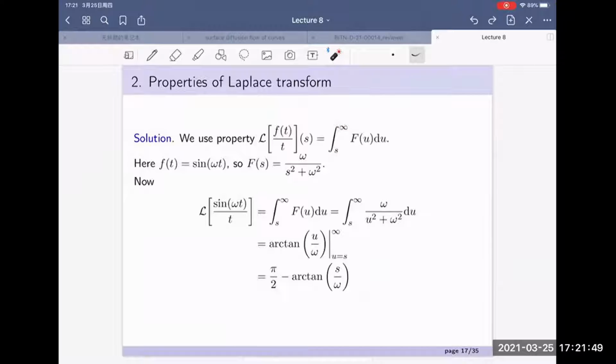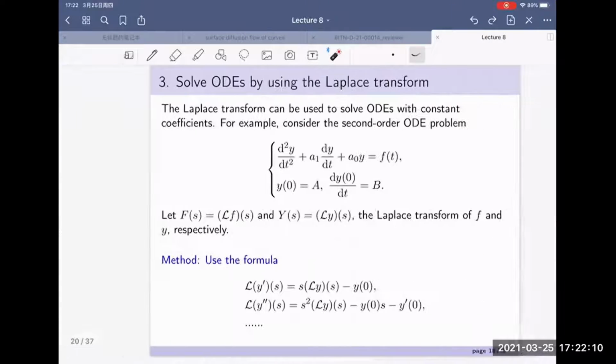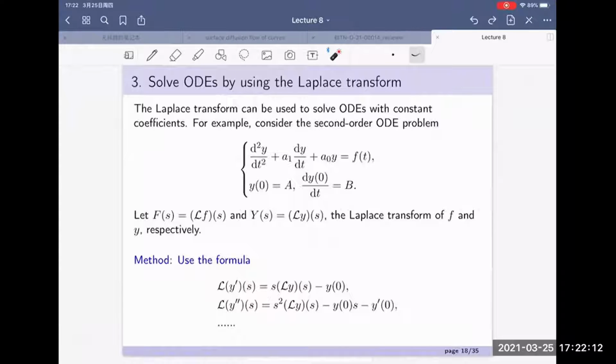Anyway, you only need to use this formula instead of deriving it.